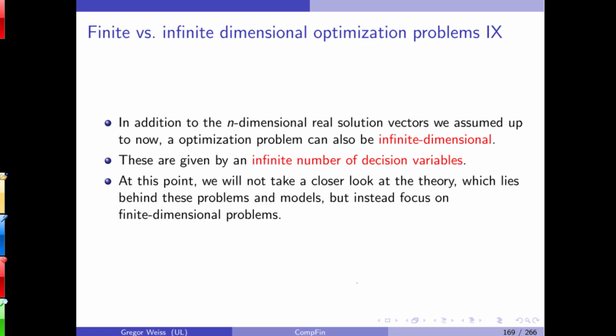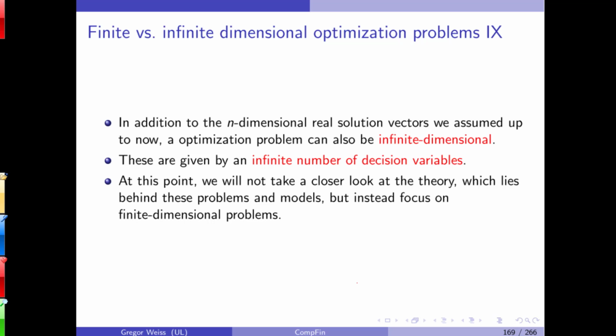Now, in mathematics, in numerical analysis, we also sometimes have infinite dimensional problems, meaning that the dimension of the vector x is not fixed. We only have seen so far one-dimensional examples, and we are now dealing with n-dimensional solutions.